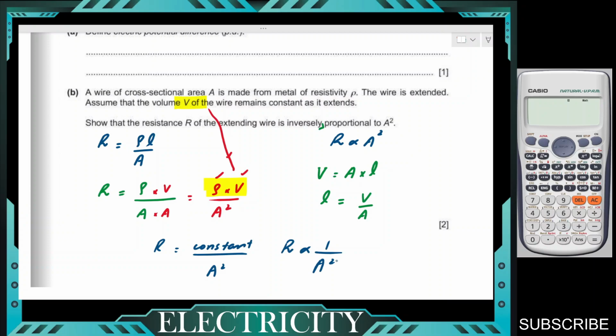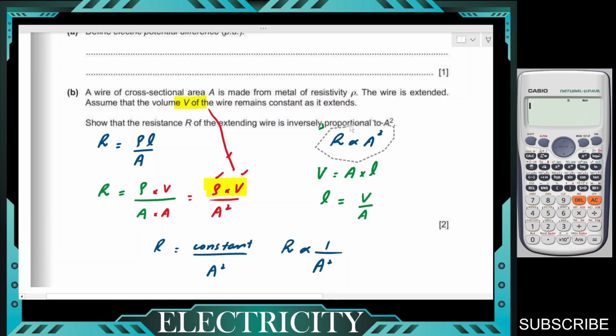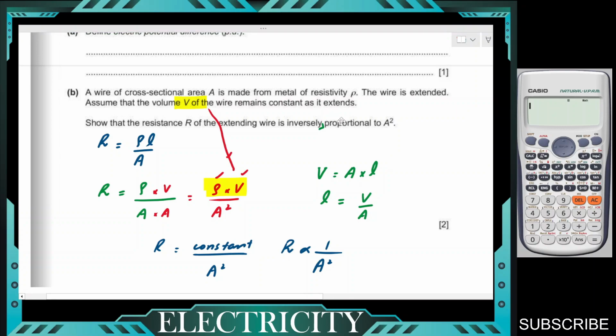Sorry, over here we have to write R is inversely proportional. My bad over here. R is inversely proportional to A square. So it would be written like this. Okay, R is inversely proportional to A square, and we have shown that.